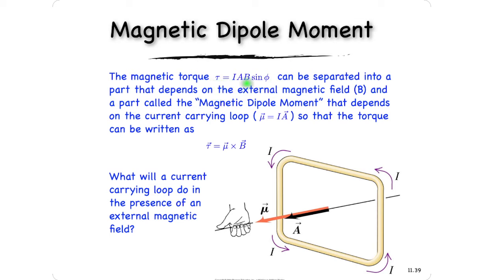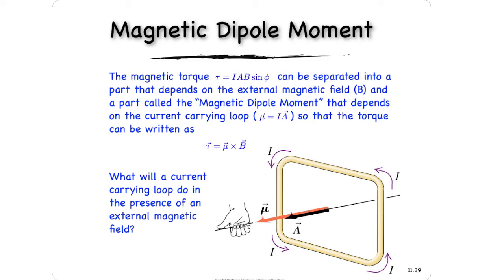So that's the torque, and it's going to be a maximum when mu is perpendicular to B. So if the magnetic field is pointing up and our loop is oriented as shown here, that's when there will be the maximum magnetic torque, because on the top we'll have a force pointing sideways, and on the bottom we'll have a force pointing sideways, and that'll produce the maximum amount of rotation of our loop.